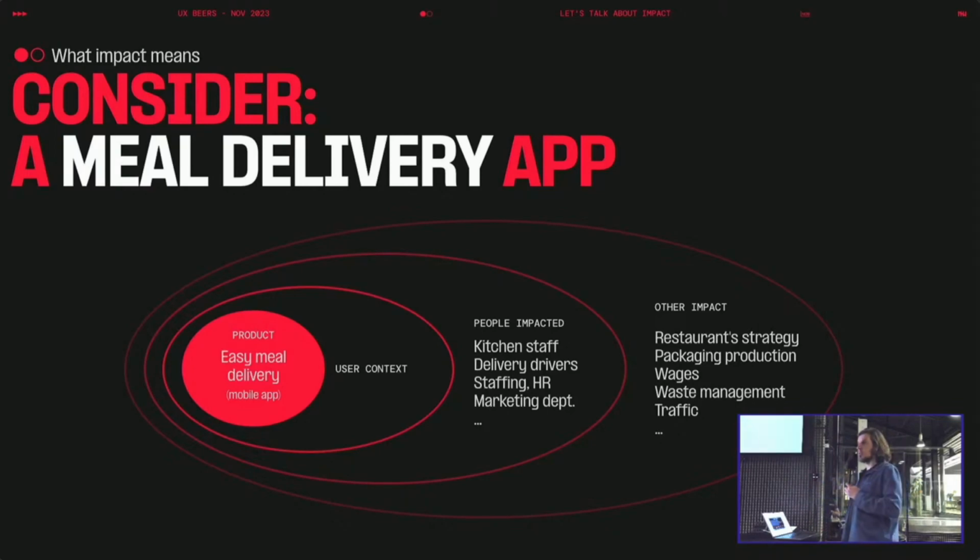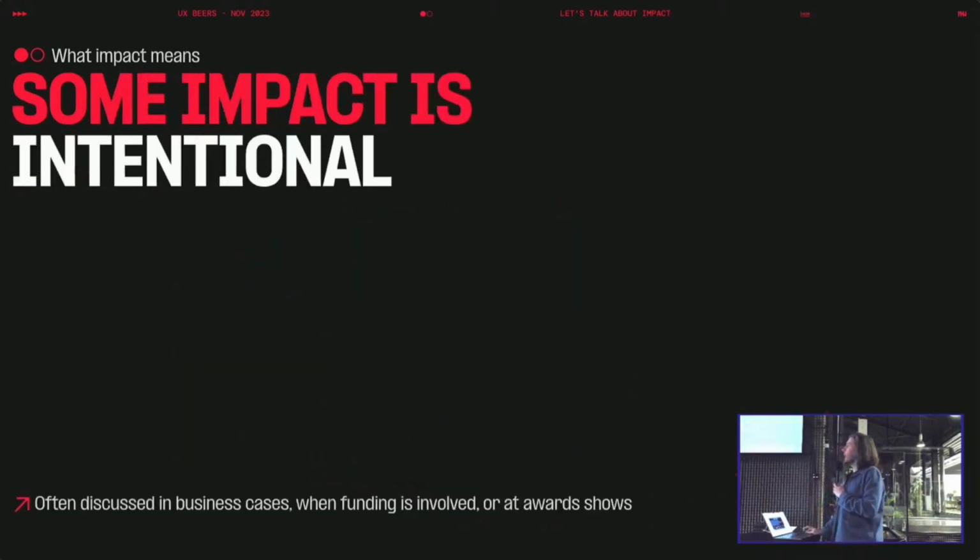Packaging production may change, wages may change, waste management, traffic, all these things. Sometimes it's tiny, sometimes it's huge, but they change because you did what you did or your team did what they did together, because it's never just about you. And this is generally true for quite a lot of the things we do.